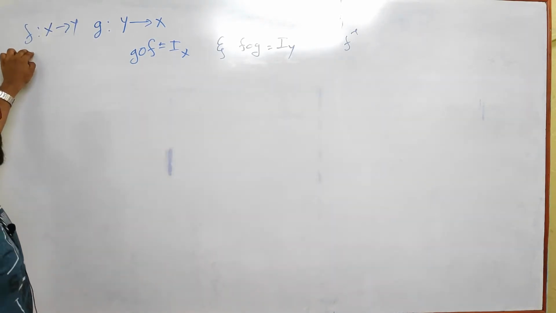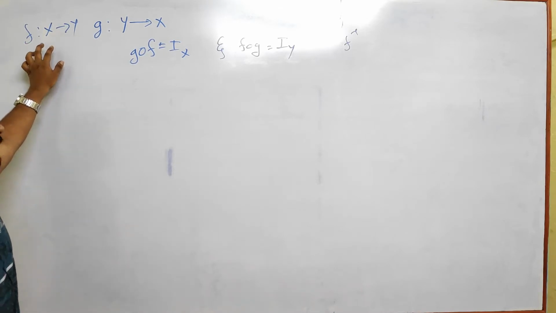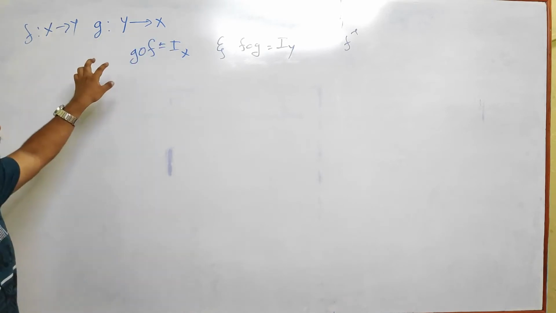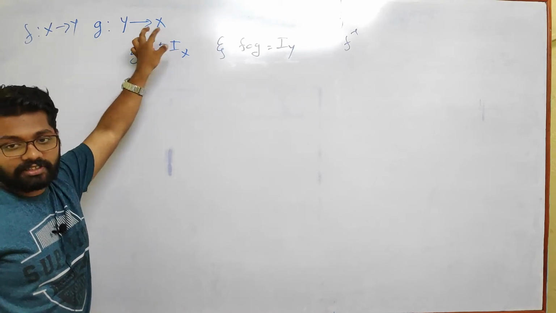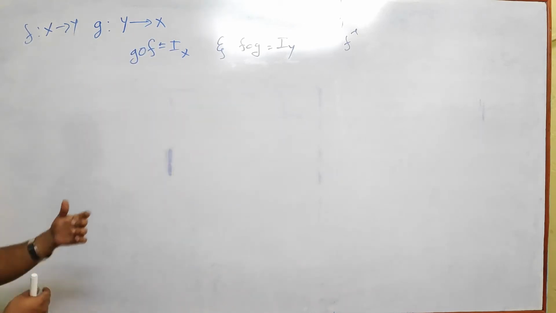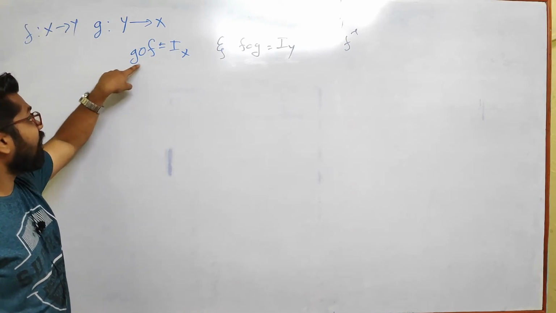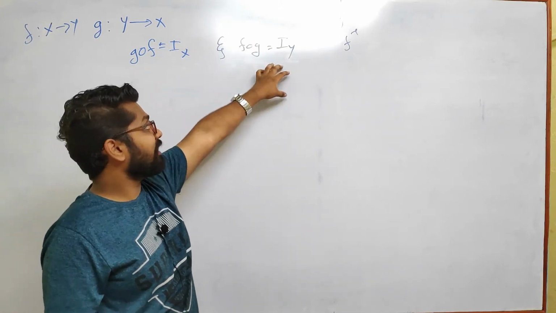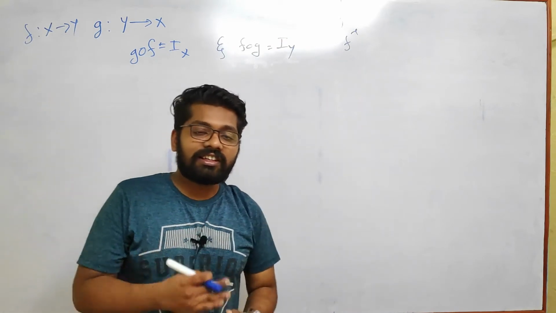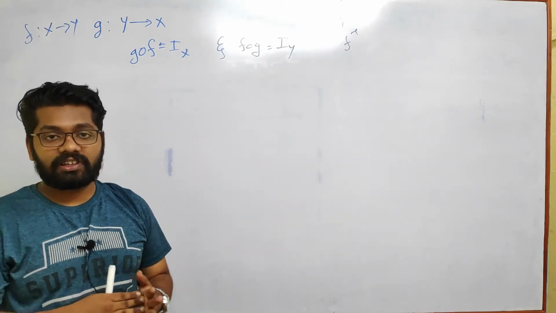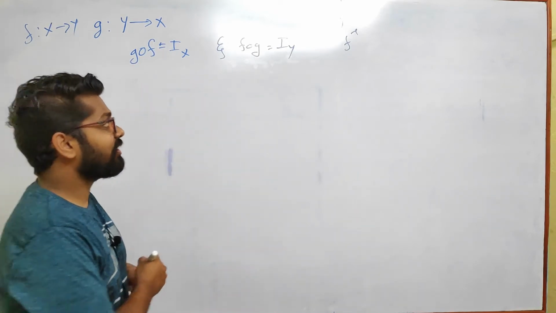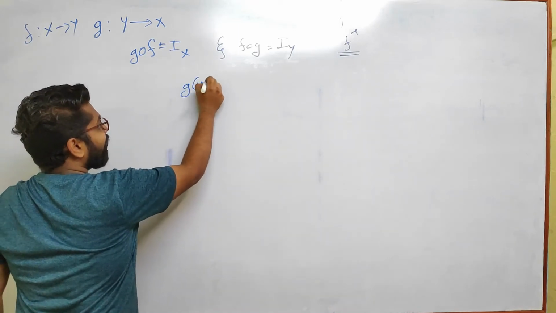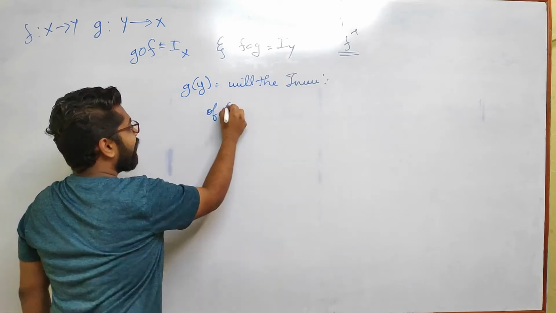If a function f is mapping from X to Y, where X is the domain and Y is the codomain, and another function g is mapping from Y to X, where the domain is now Y and the codomain is X, and if you are able to prove gof equals identity on X, and fog equals identity on Y, then this kind of function is known as an invertible function, and f inverse exists and it is denoted by f raised to minus 1, and g of y is the inverse of f of x.